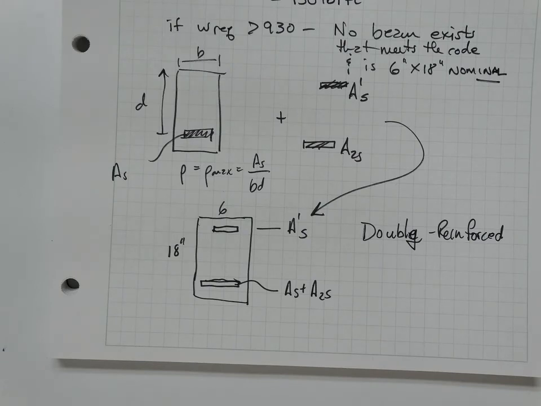Sometimes when you do a singly reinforced beam, you still put bars up here, you just don't account for them. That's wasteful. So almost always we'll see doubly reinforced beams. And you need to know how to analyze them. And it's all simple.